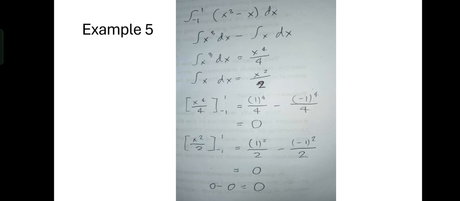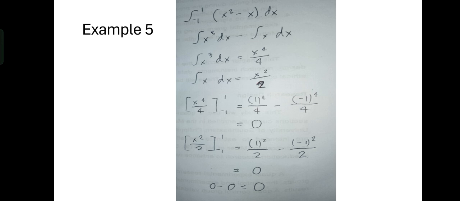The next step in solving this type of problem is to evaluate the definite integral using the limits of integration. The lower limit is equal to -1, and our upper limit is 1.